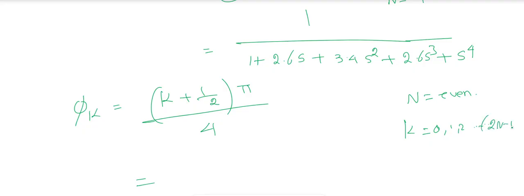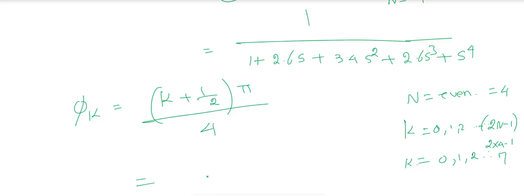Since n is equal to 4, 2 into 4 minus 1, so 8 minus 1, so k goes from 0 up to 7.